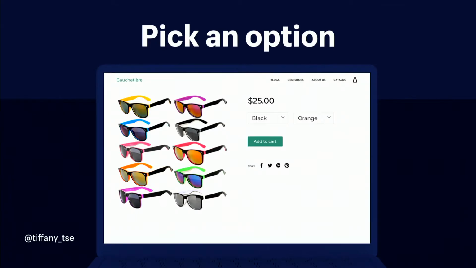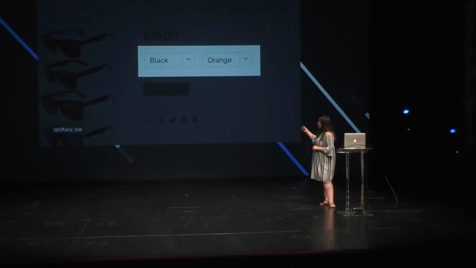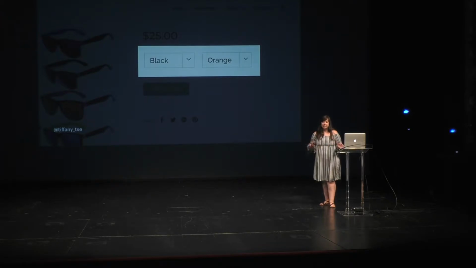Let's go to the next step and talk about some of the accessibility concerns for browsing a product's many options. There's something inaccessible about the way these product variant selectors are set up on the page. These drop-downs don't have a visible label. Right now, there's no way of knowing what's orange and what's black, the lenses or the frames.